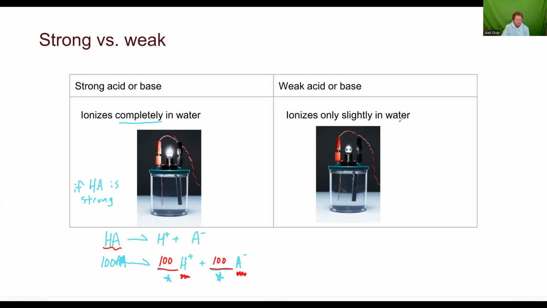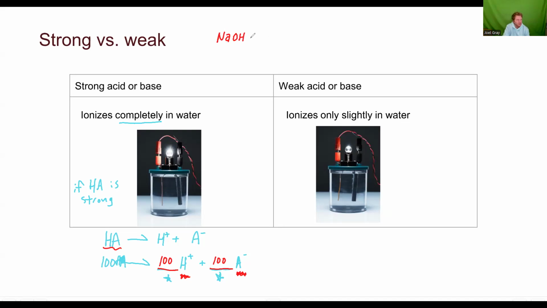Now, that is the definition for a strong acid or a strong base. So now let's put this in the context of a strong base. NaOH, sodium hydroxide, is a strong base.